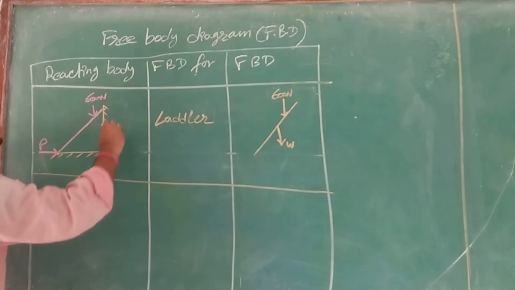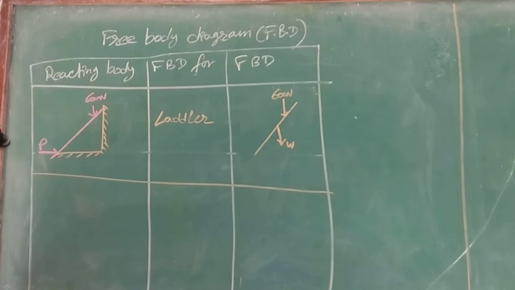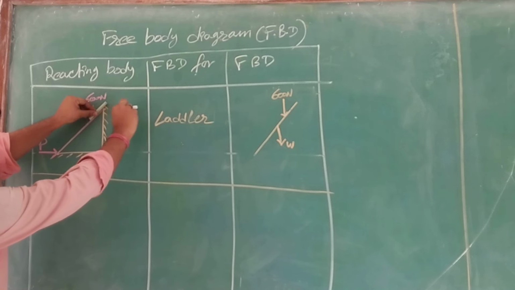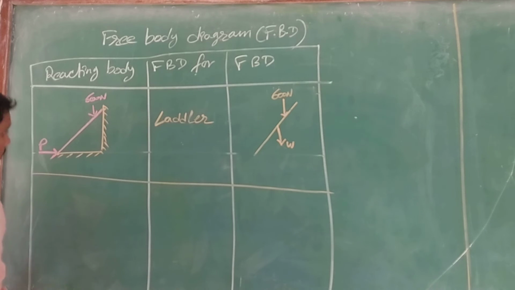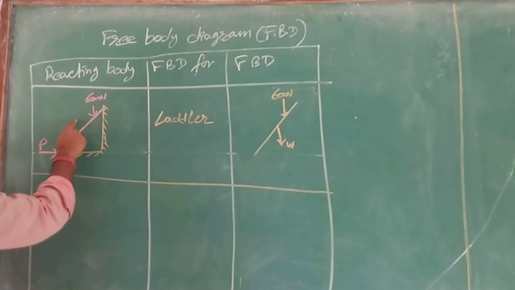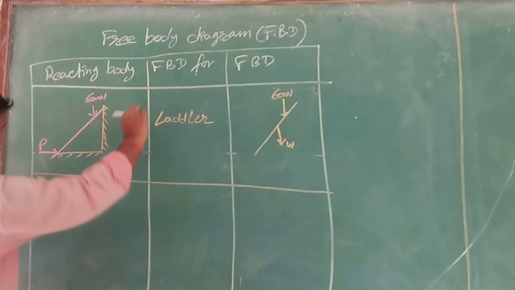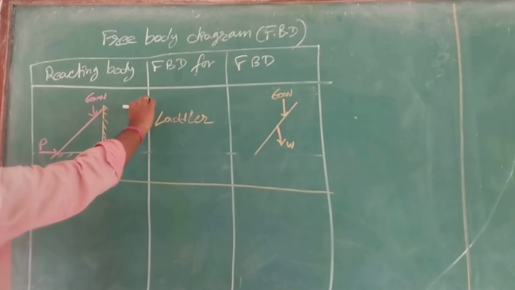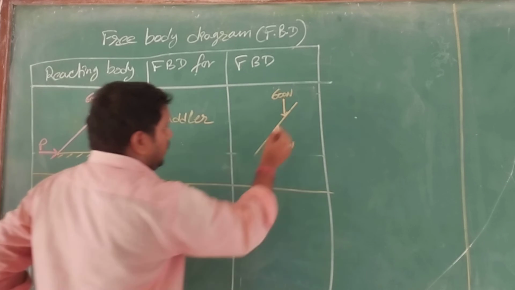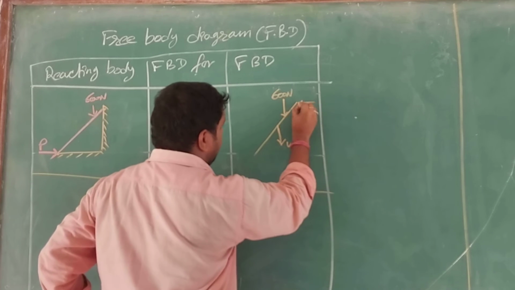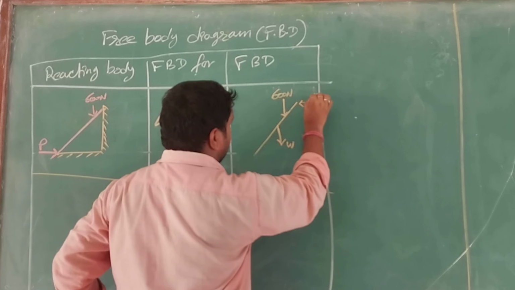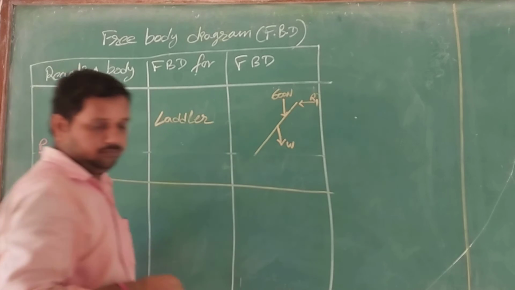Now, at this point, it is in contact. So the reaction will be, see, if this is my ladder, the reaction will be given by the wall onto the ladder in this direction. So this is my reaction. Let it be R1.